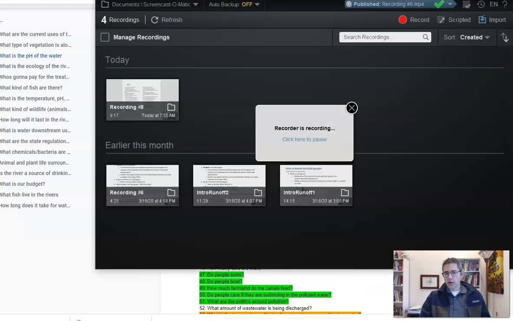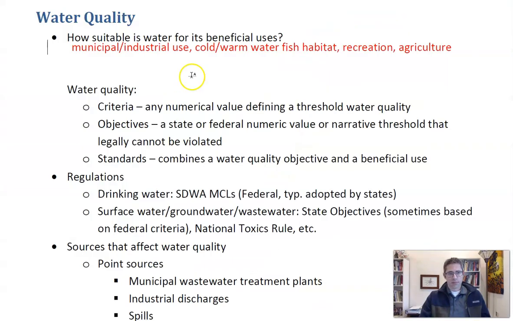And so, with that in mind, let's define a couple of things. These are things, criteria, objectives, and standards, are words that even water quality professionals get mixed up on a lot, and so I wanted to define what these are. So a criteria, or criterion, is any numerical value defining a threshold water quality.